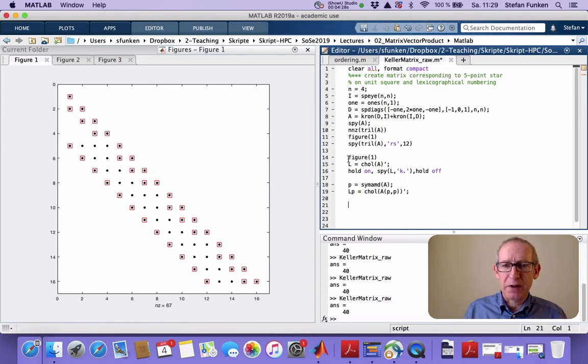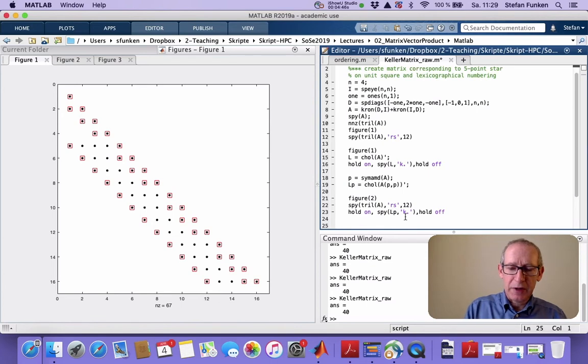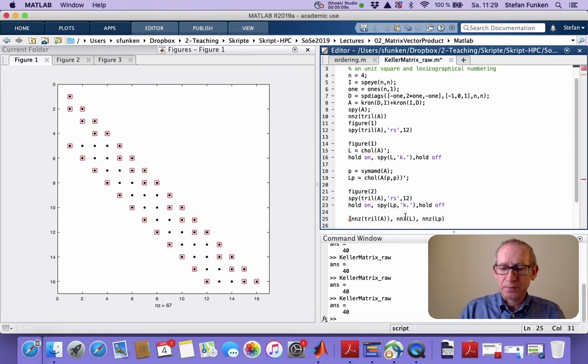We do the same figure as before, so figure 2 should be SPI our matrix, and then hold on, we have some LP. We give the non-zero entries of matrix A, or let's say the lower part of A, including the diagonal, the non-zero entries of our matrix L, and then Z of our permuted matrix LP. So do this one.